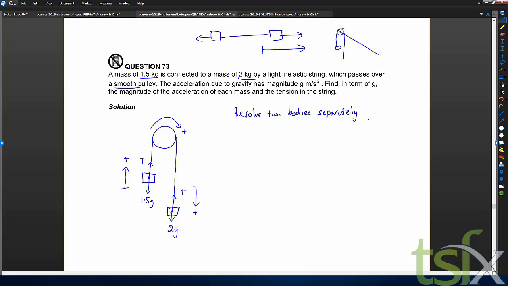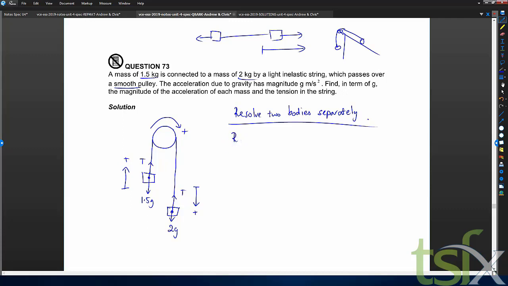So just be extra careful. But if you do resolve both bodies separately, it's one method fits all. So I'm going to do it that way. Alright, so which one do you want to start with? The 1.5 or the 2?